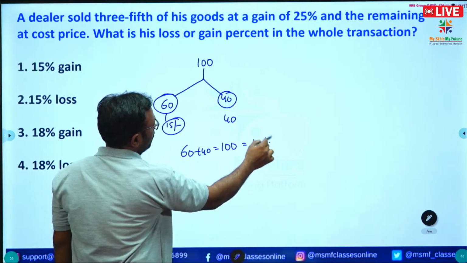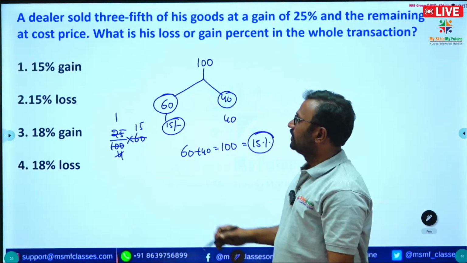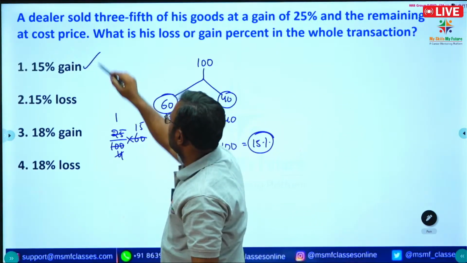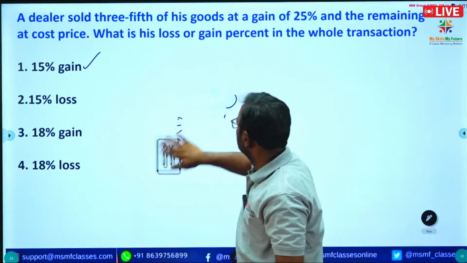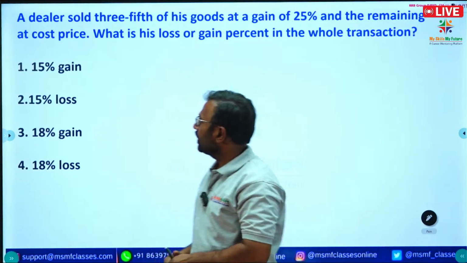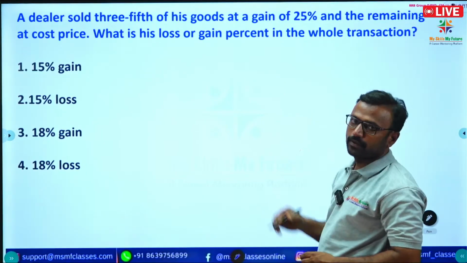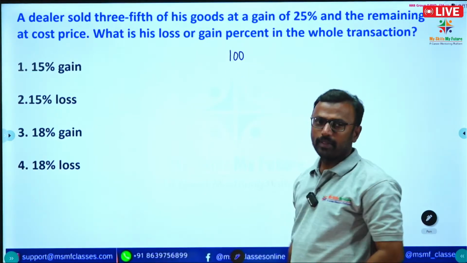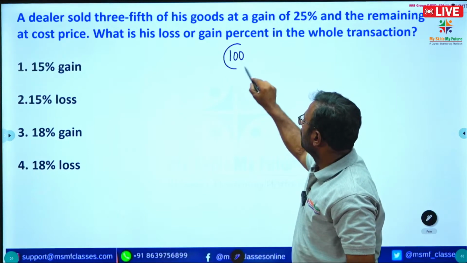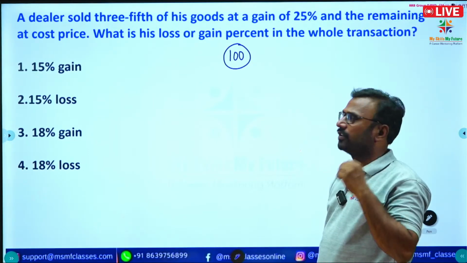Okay. So total profit is 15% gain. Once again, I will explain. A dealer sold 3/5th of his goods. Let us say his goods are 100, and each good costs 1 rupee.